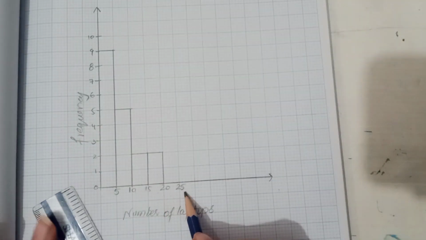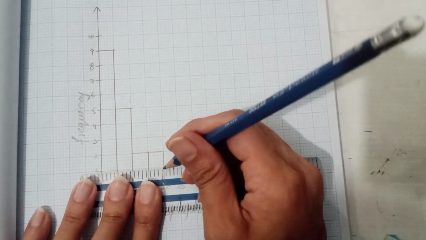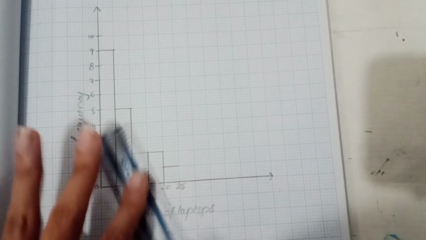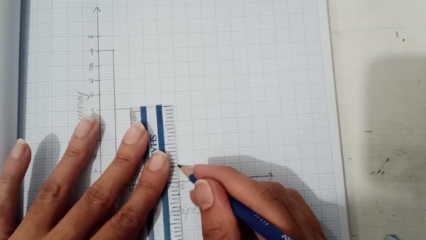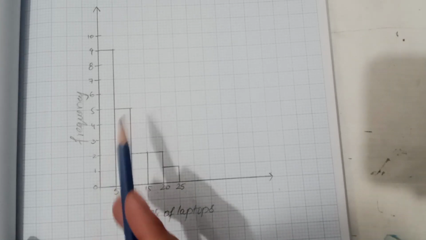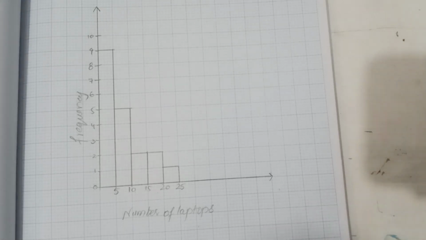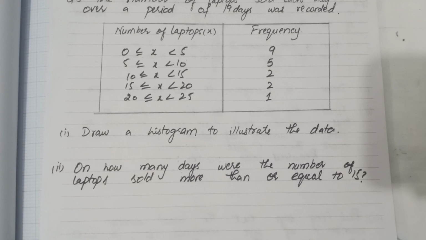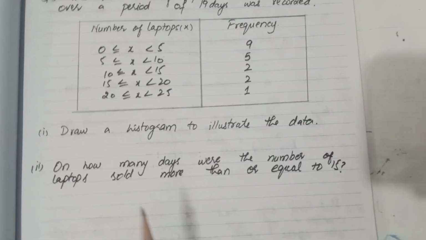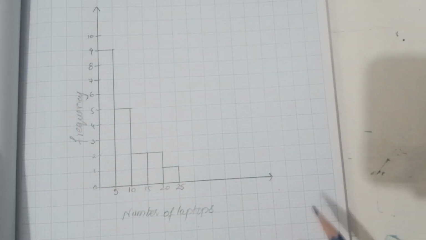And from 20 to 25 it is 1. That is the histogram between the number of laptops and frequency. And now students, this data which is provided to us, I illustrated on the histogram, and that is the histogram which is done.